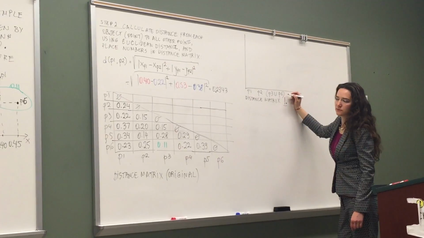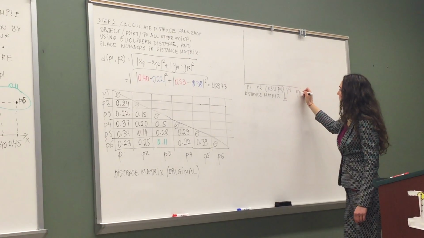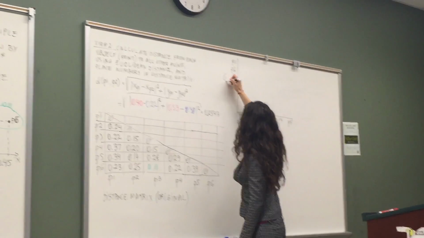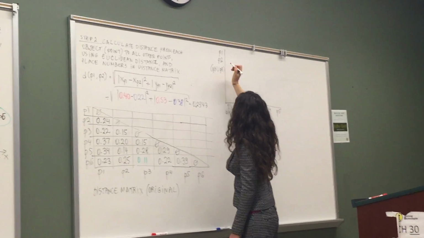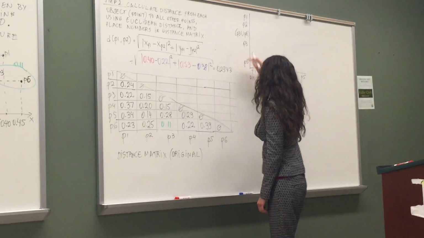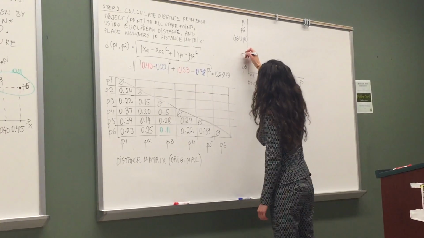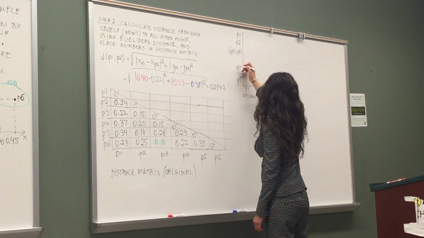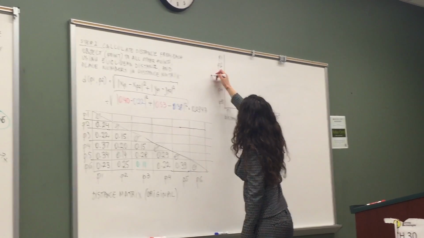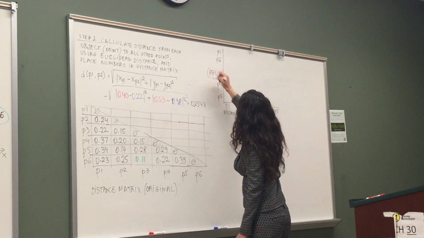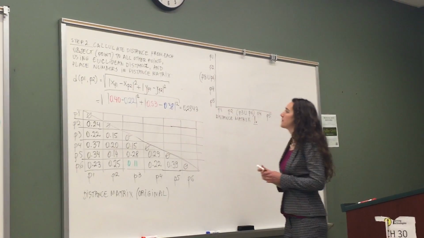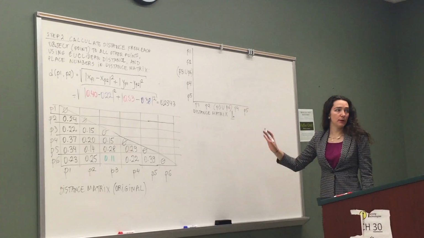And then we have point 4 and point 5. Most of the things in this matrix will be the same.